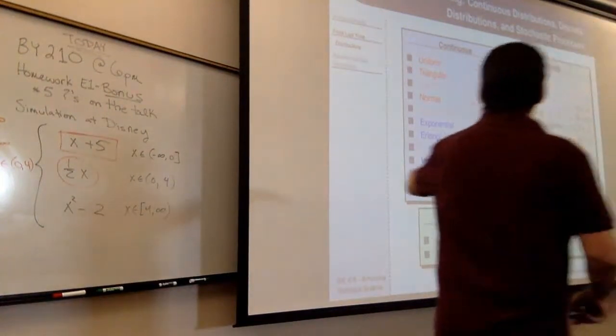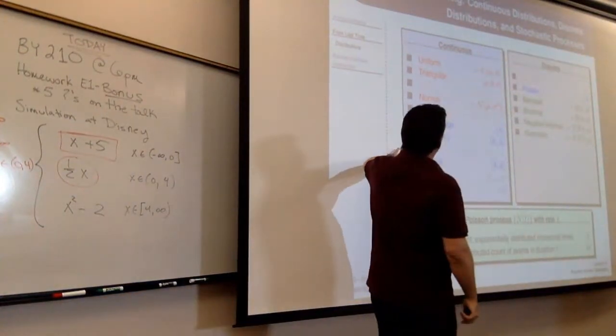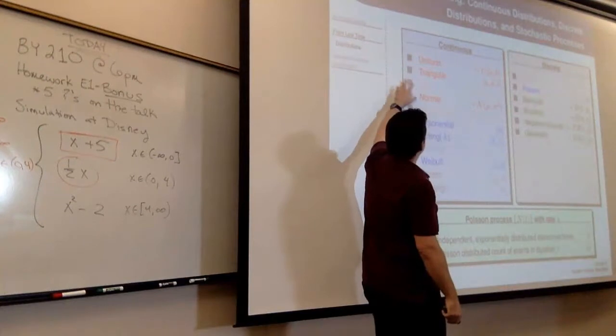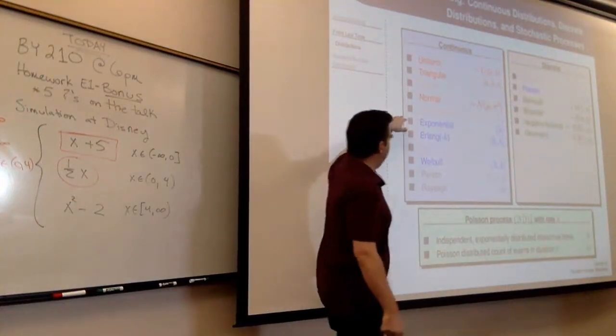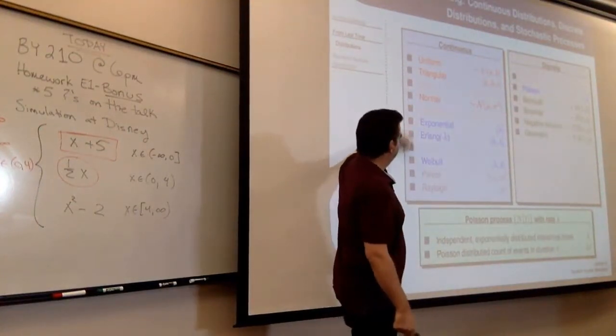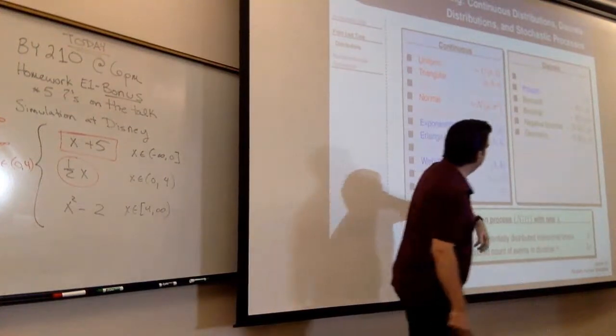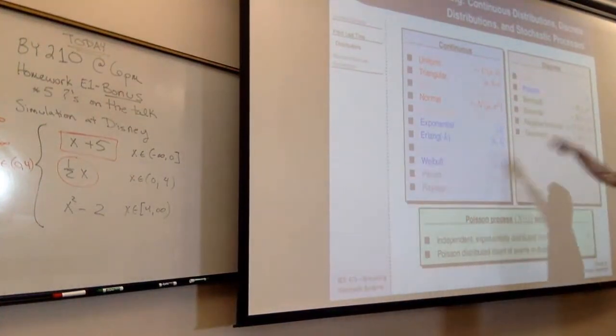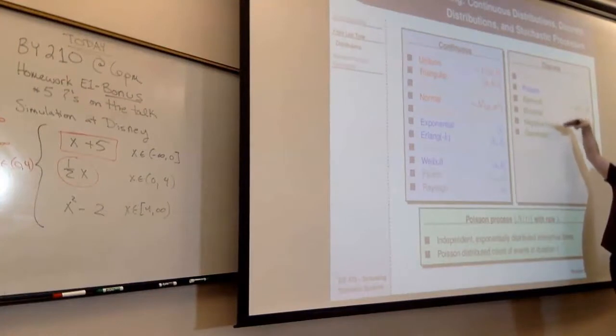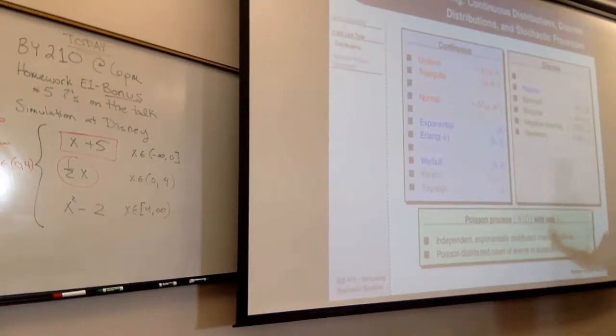So that's why I want you to get, at least for this class, these kind of bold models: uniform, triangular, normal, this kind of exponential family, exponential, Erlang, Weibull, and the Poisson process, and then on the discrete side, Poisson, Bernoulli, binomial, negative binomial, geometric. These are all useful to know, because when I describe a system to you, it might be described like, well, how many failures might we expect in this amount of time?